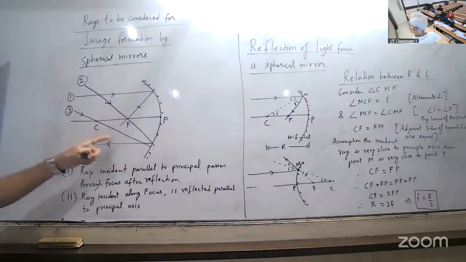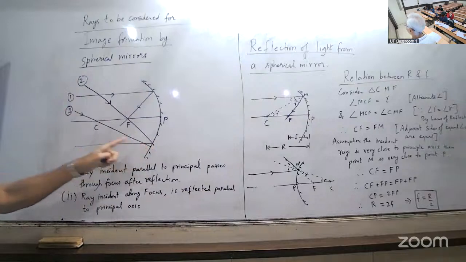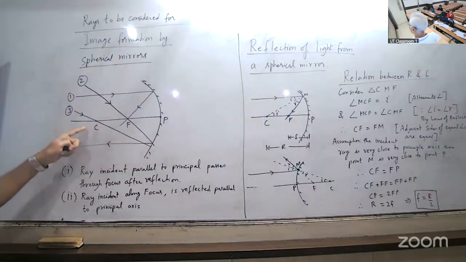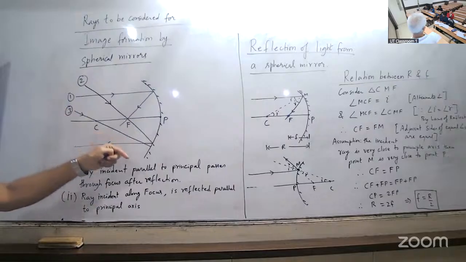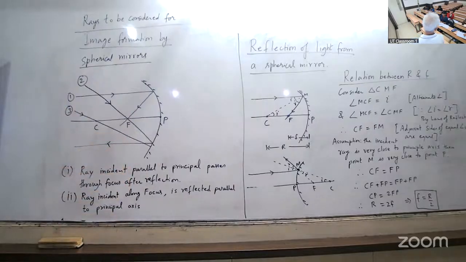But I said any line joining C to a point on the mirror is a normal. That means this ray is incident along the normal. So what is the angle of incidence here, when the ray is incident along the normal?